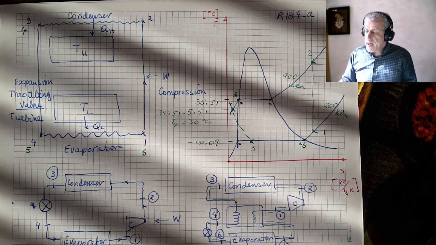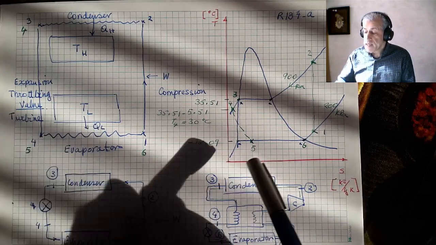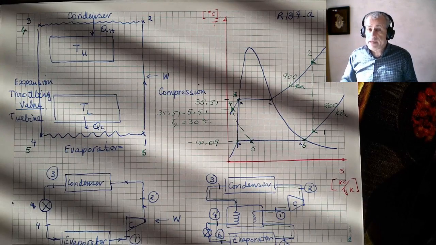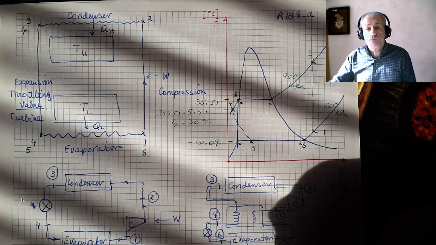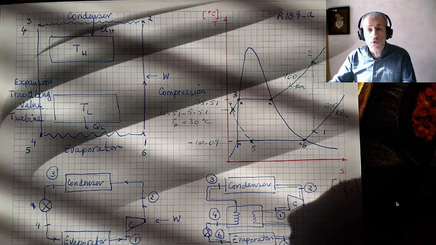So once we have these knowledge, now it is enough for us to calculate the rest of the points in this cycle, all other points of the cycle, and see how we could use those points to calculate cycle properties.